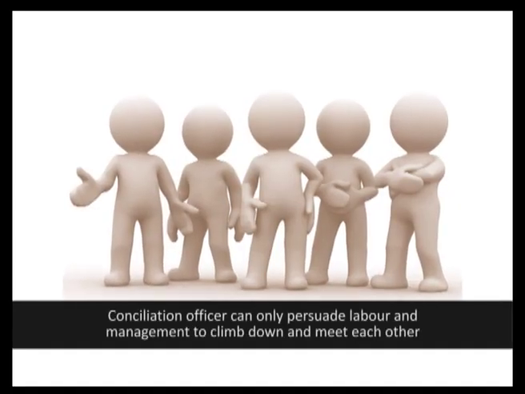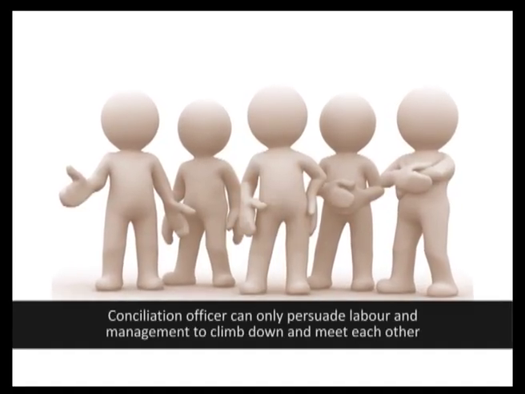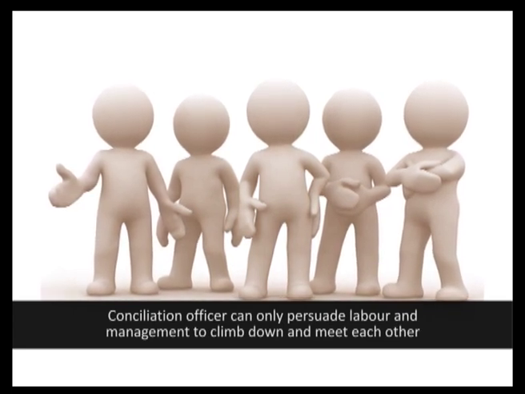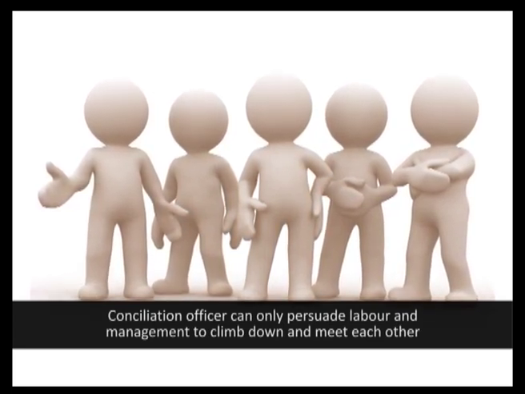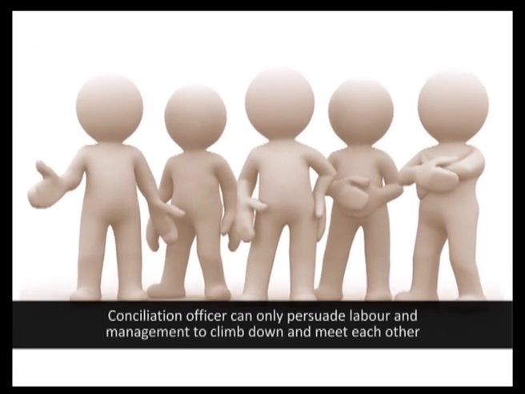Since the conciliation officer has no powers of compulsion over labor and management, he can only persuade them to climb down and meet each other. The settlements that are claimed to result from conciliation are increasingly the result of political intervention.